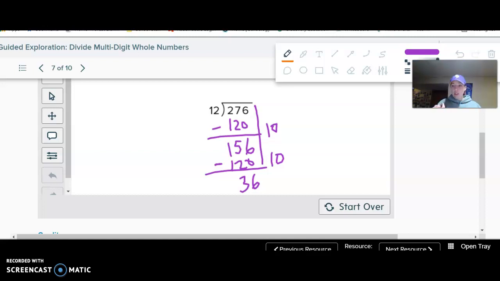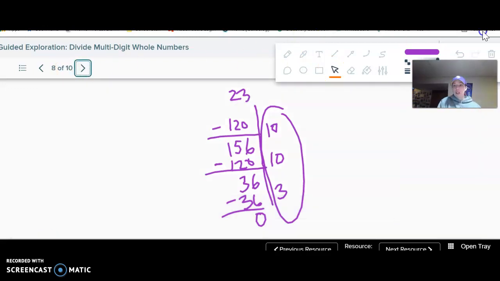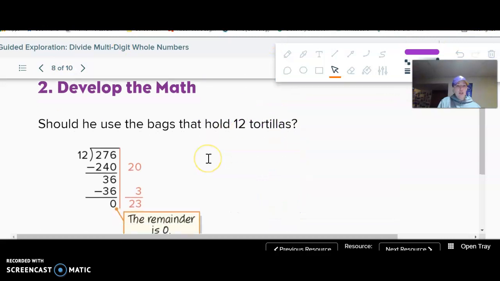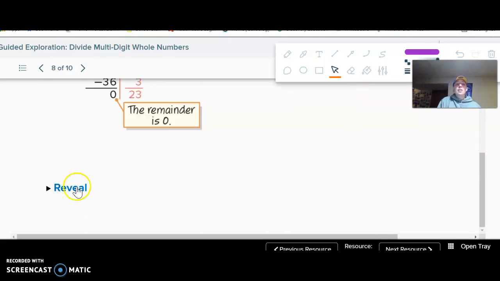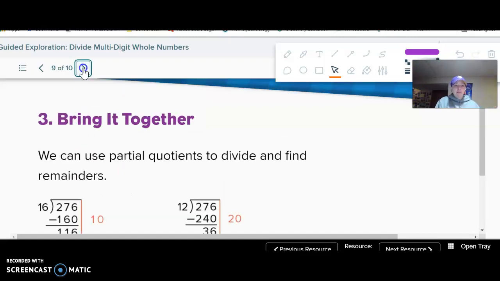Now you might look on your chart and say, oh, 12, 24, 36, that's exactly 3. And I'm going to have none left over. It's exactly 3 groups. So we can see our quotient this time is 23, with no remaining, which is what Raheem wanted, right? No leftovers. So should he use the bags? Yes, he should use these ones because he didn't want any remaining.